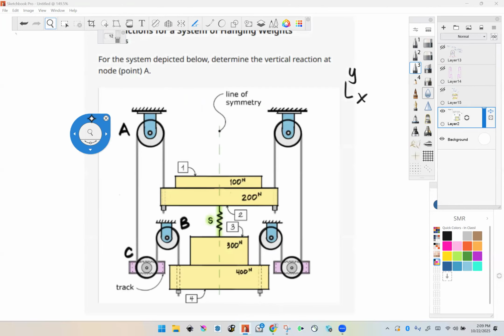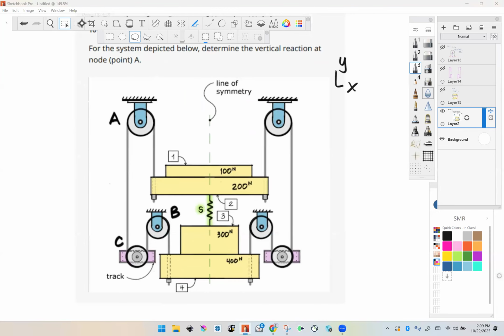I'm going to show you one other good technique, a way to check your work, that's broadly applicable to other problems, and it would go something like this. So I'm going to do this free body. I'm going to detach the spring in that free body, and then while I'm thinking about it, I'm going to do one other one down here at the bottom.